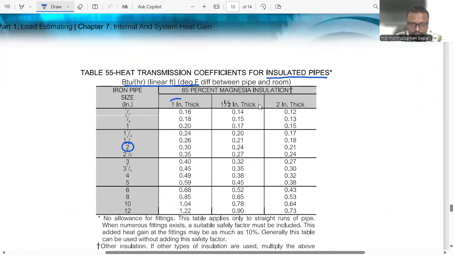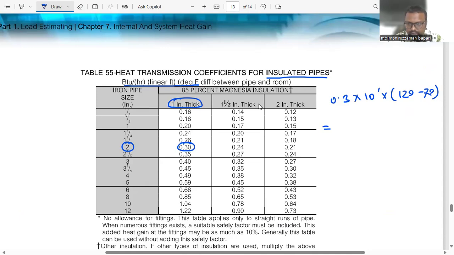If it has insulation 1 inch in thickness, then you have a 0.3 coefficient. So 0.3 multiplied by linear feet. The pipe is 10 feet in length. Multiply with the temperature difference of pipe and room. Let's say the temperature inside the pipe is 120. In that case, 120 minus 70, we have 50.